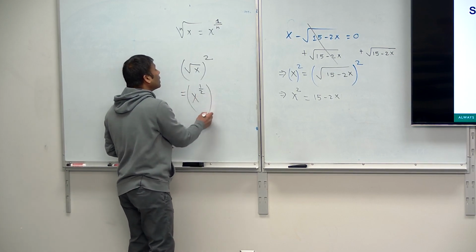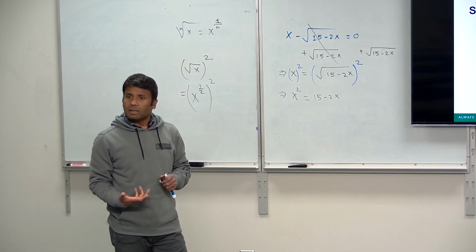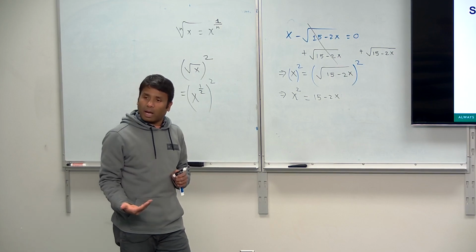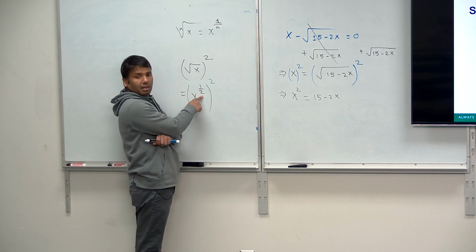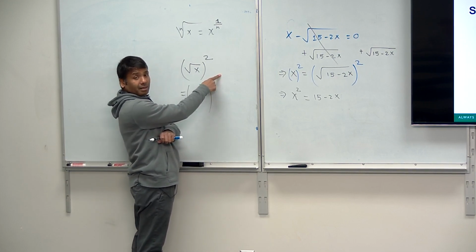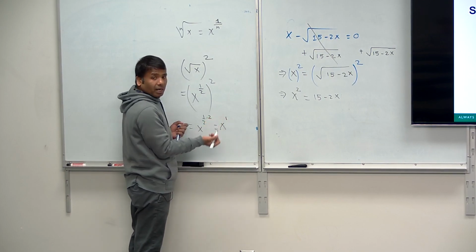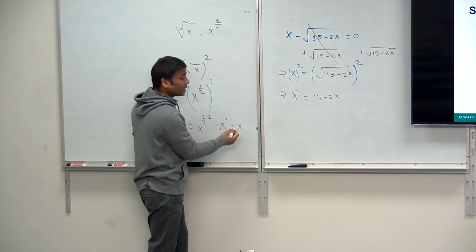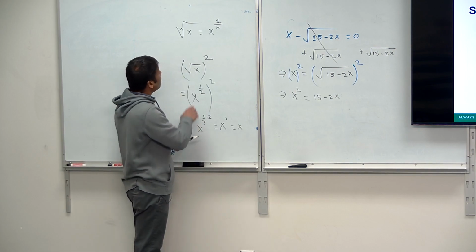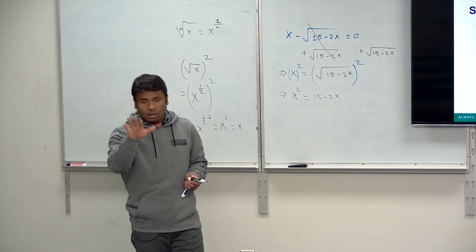And then you raise to the power 2. Remember the law of exponents: when a power is raised by a power again, you multiply them. You see, this exponent 1/2 is raised by exponent 2. Is that right? So you multiply them. This is x to the power 1 over 2 times 2, and 1/2 times 2 is 1, right? And this is what? x. So what did you observe here? If you have a square root sign and you square, then the radical sign will be gone.